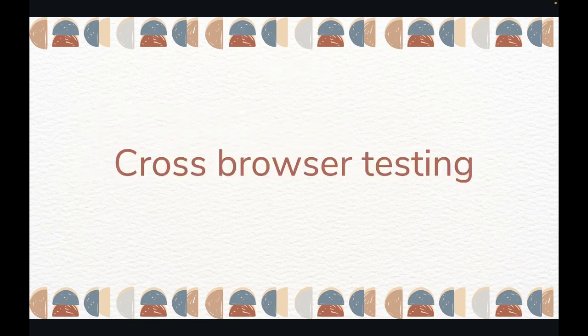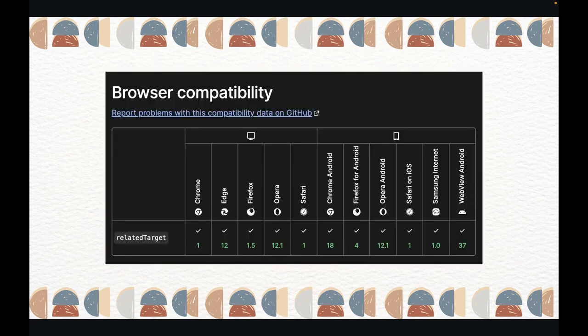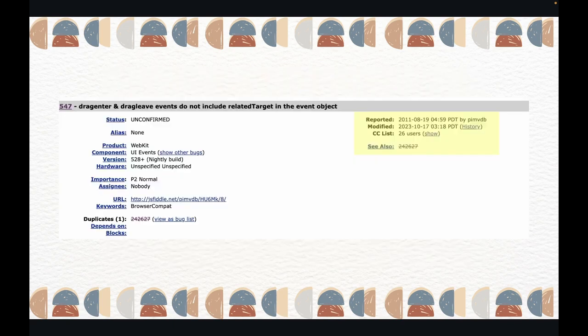Not quite. We have to do cross-browser testing, and while doing it, I found that dot related target is not working quite as expected. The solution that we implemented is not working quite as expected. So I went to MDN and I found that okay, it's supported by all the browsers, but it's not working for Safari. So I dug into it more and I found that there's a long-standing issue, a bug which is, I guess, 12 years old.